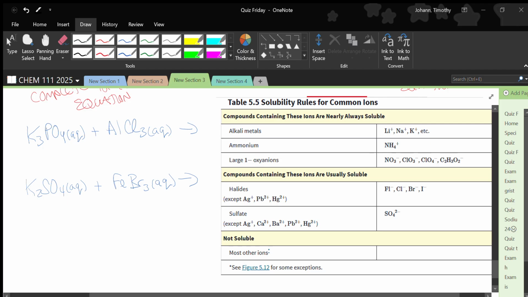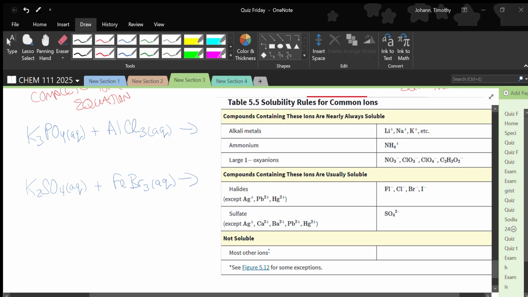All right, I'm going to quick do the answer up here. Alright, so help me out, which of these are soluble when I swap these? Is aluminum phosphate soluble?